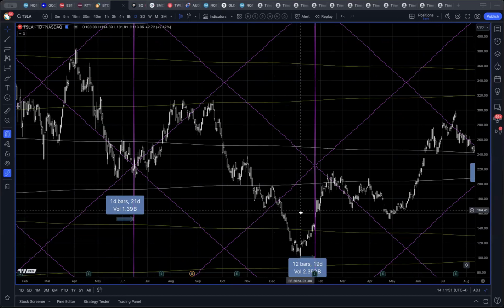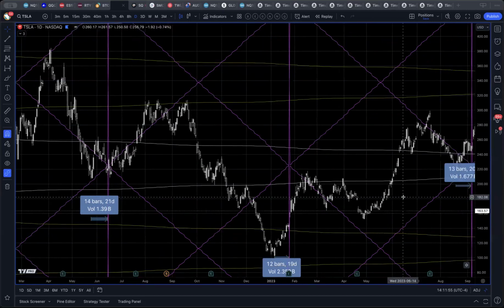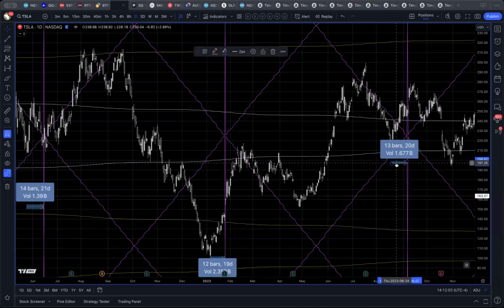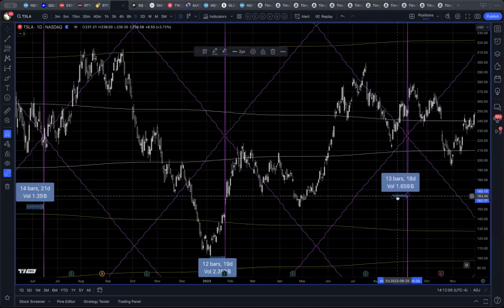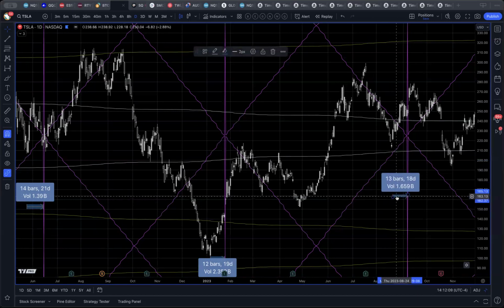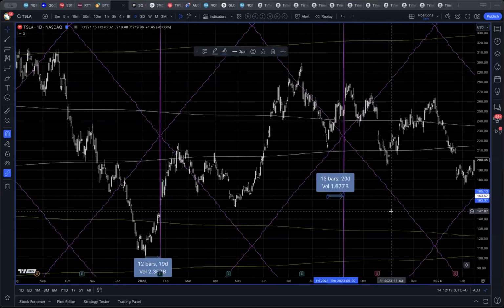Okay. Here's another one, 12 bars before in January 2023. And another one, 13 bars before. Just slide this down so it's easier to see. You can see there 13 bars before the crossover was the low, and that's in August of 2023.